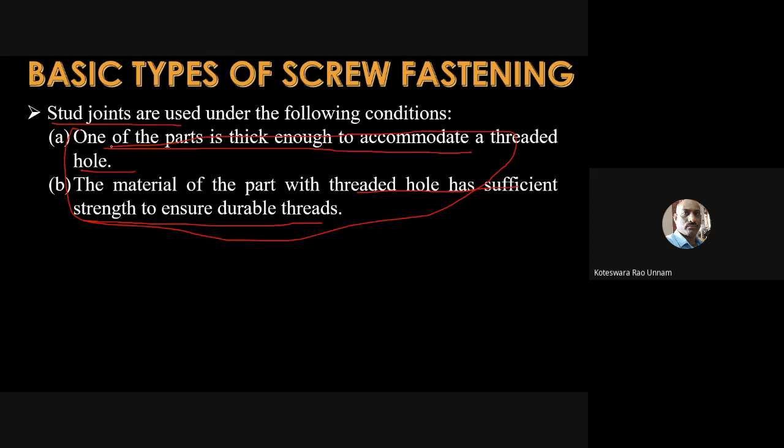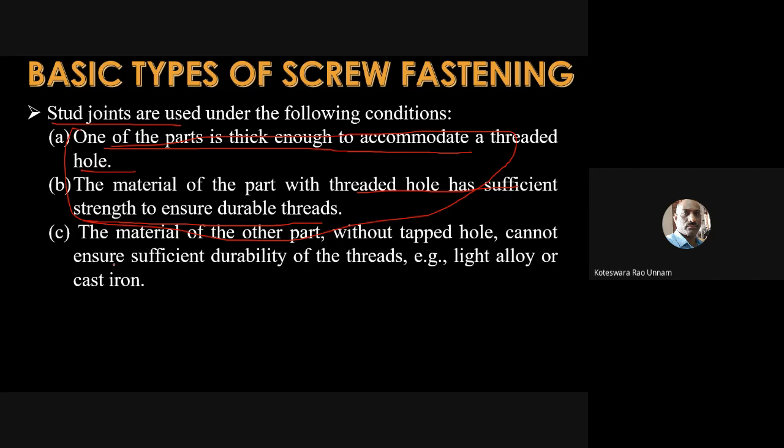If our connecting part has sufficient thickness to accommodate the threaded hole, and the strength of the threaded portion is sufficient to ensure durable threads, then obviously the connecting component becomes a nut itself. So under these conditions, we can go for the studded joint. The final one is the material of the other part. These two conditions correspond to the one connecting member.